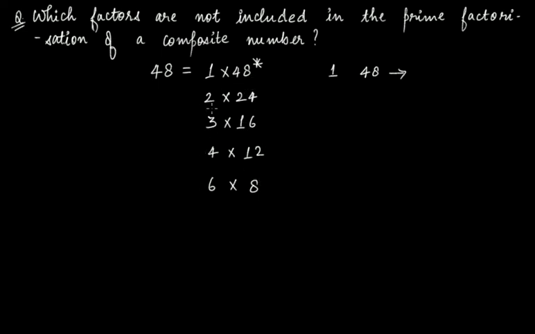You can use all these factors in finding the prime factorization using the factor tree method, but you will not use this factorized form. These 2 factors, 1 and 48, will not be included in finding the prime factorization. Rest all, that is 2, 24, 3, 16, 4, 12, 8 and 6, will be used.